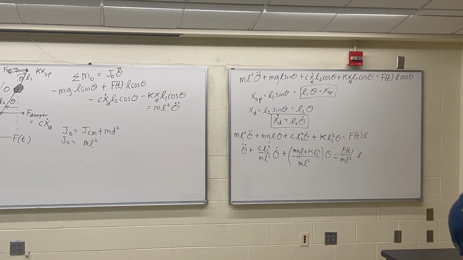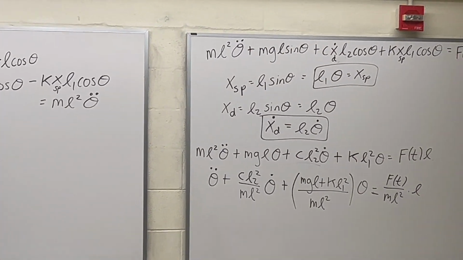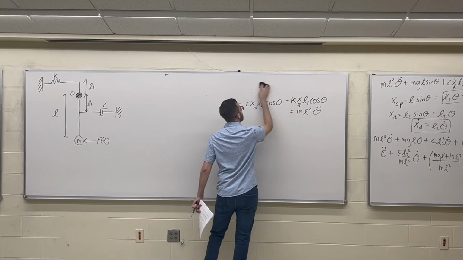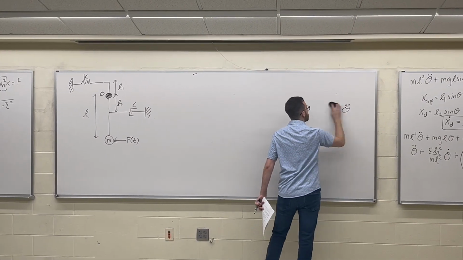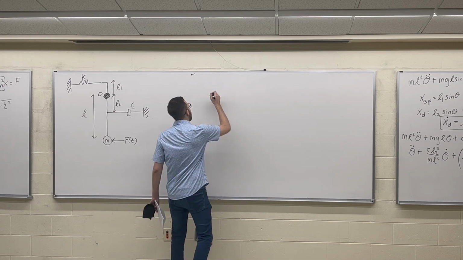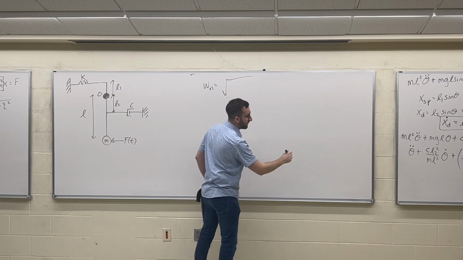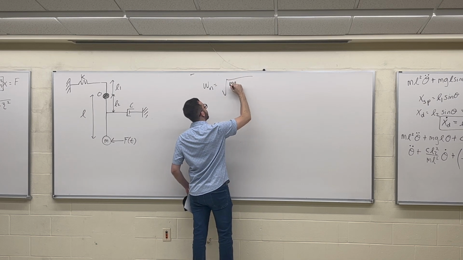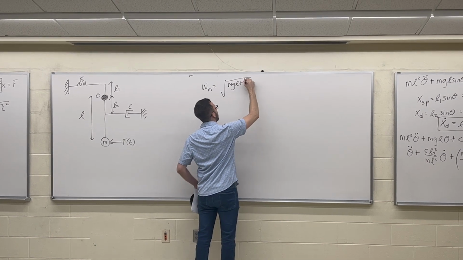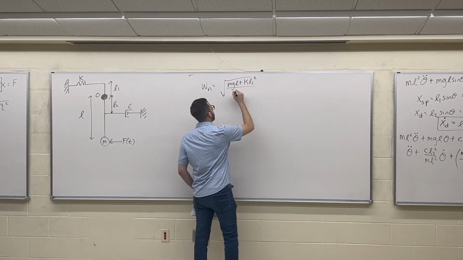So what is our natural frequency? Square root of that thing. That whole thing. Yeah, exactly. So, omega n is the square root of that term, again, which is MGL plus K L1 squared over ML squared.